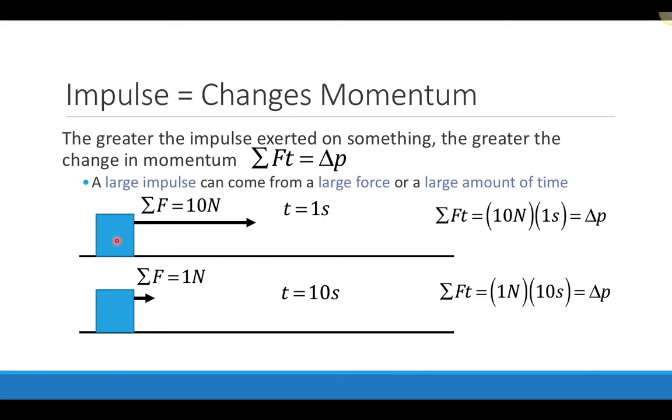So if these both started from rest, after 1 second, the first block would have exactly the same velocity as the second block after 10 seconds because they have the same change in momentum, both starting from rest. They'd both have the same final momentum after the time intervals that are given.